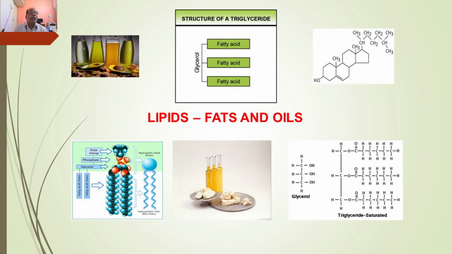Then in the lower part we can see the phospholipids, which are an important component of the plasma membrane, possessing a spherical structure called the hydrophilic head, and the hydrophobic tails.